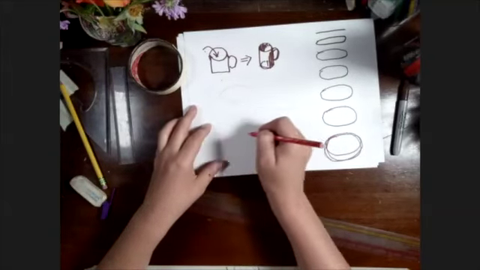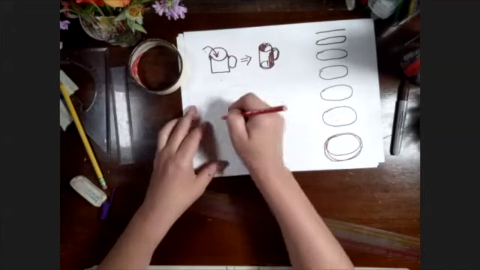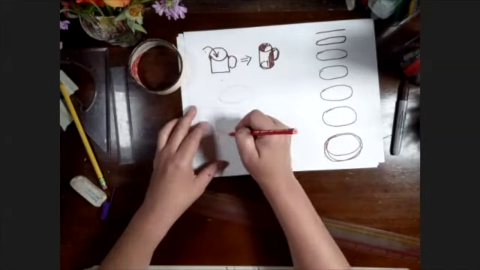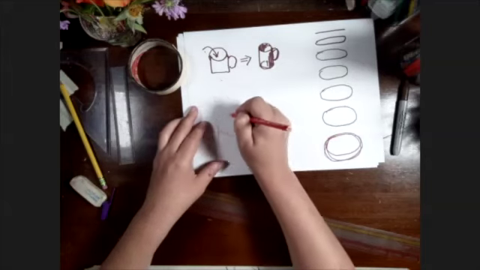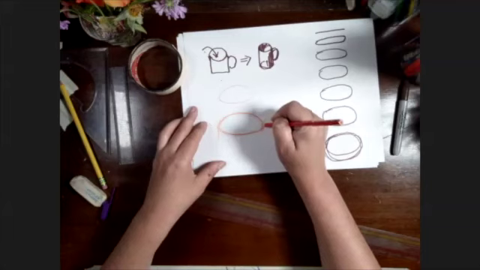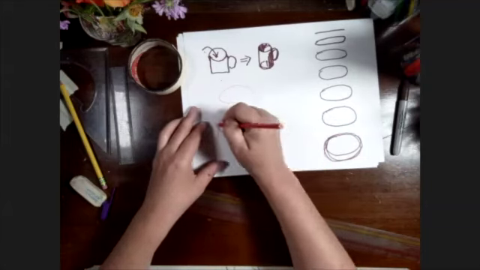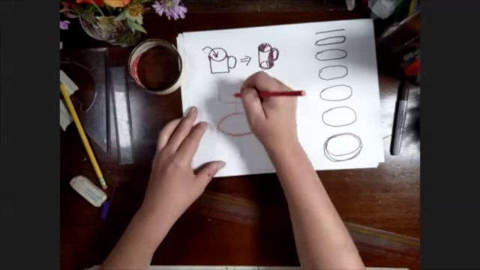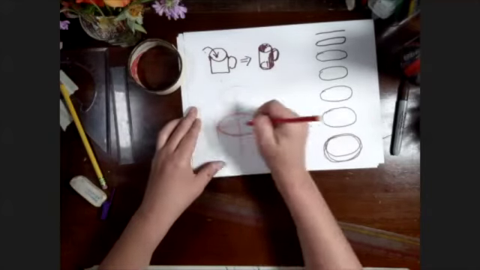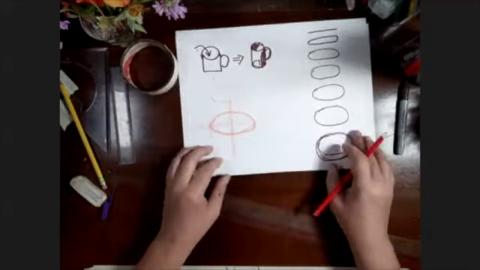I kind of draw more like this. And see how that actually worked out much better. Then I go back and draw it together. So you should be able to divide your ellipses in half and in half, and have them be pretty solid.